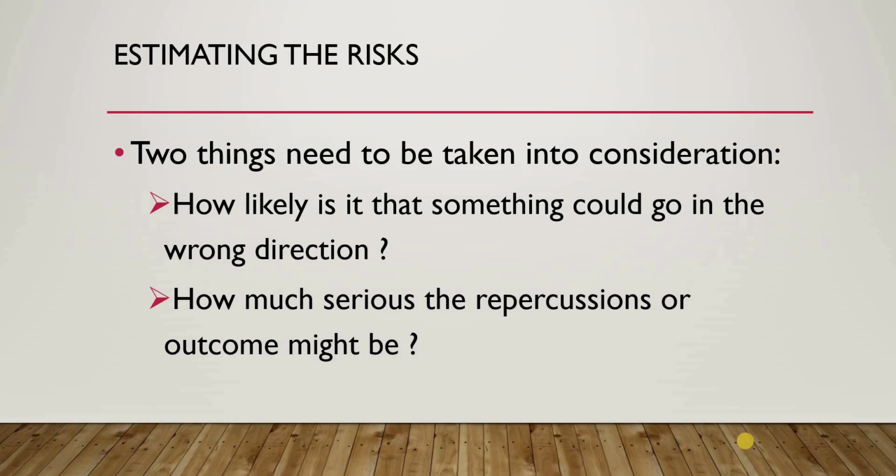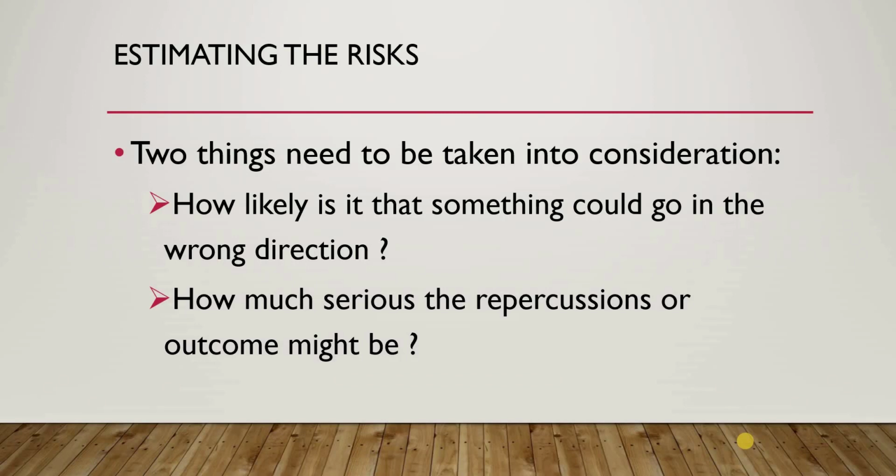We have to think about what the chances are that something wrong might happen in the workforce environment. If the worker is working with a ladder, for example, what is the likelihood that he may fall from the ladder? What is the likelihood that the ladder may break down? What are some of the other hazards? So we have to think about the likelihood of something bad happening.